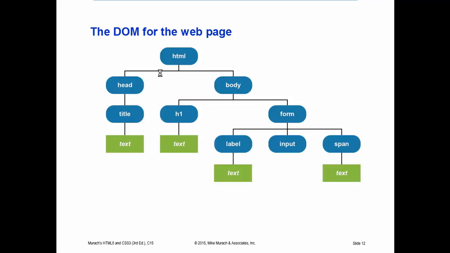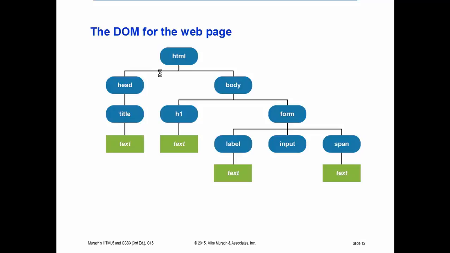At the top, you can see you've got HTML. The HTML, that's called the HTML node, N-O-D-E. The HTML node has two child nodes, one called head, one called body. The head node has one child node called title, and that has a text node child.